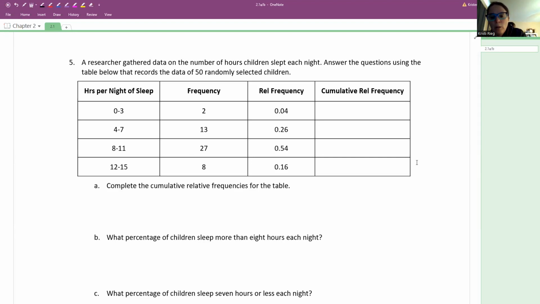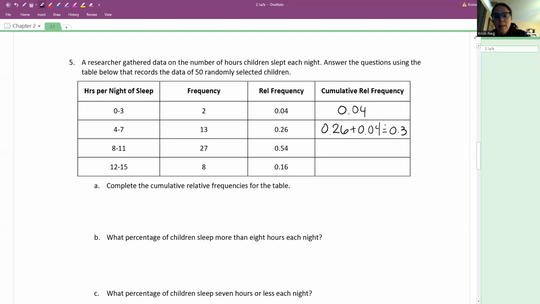So the first row, we only have one number, 0.04. So that's it. That's the cumulative relative frequency. But in row 2, we have our row 2 number plus everything before it. So we get 26 plus 4 is 30, we get 0.3. And anytime I do decimals in my head, you're welcome to use a calculator to figure it out as well.